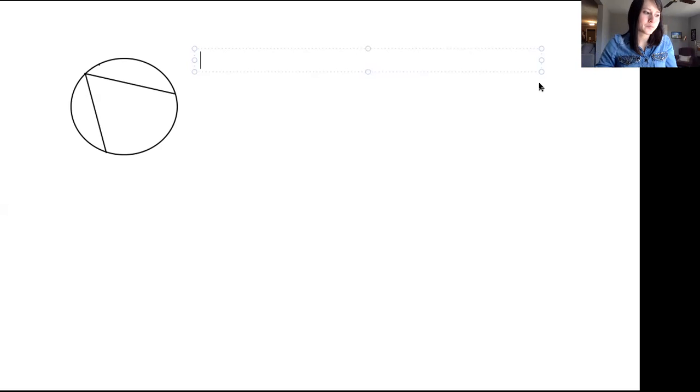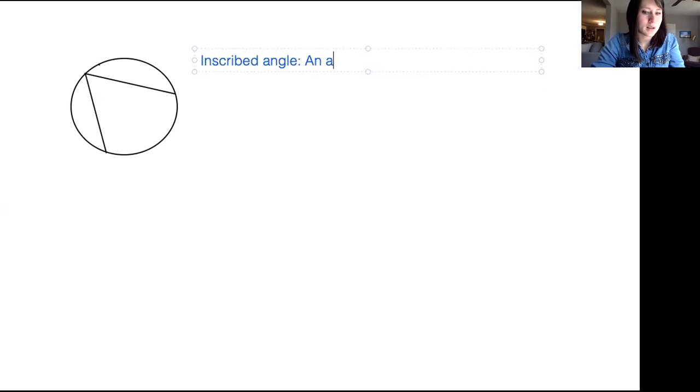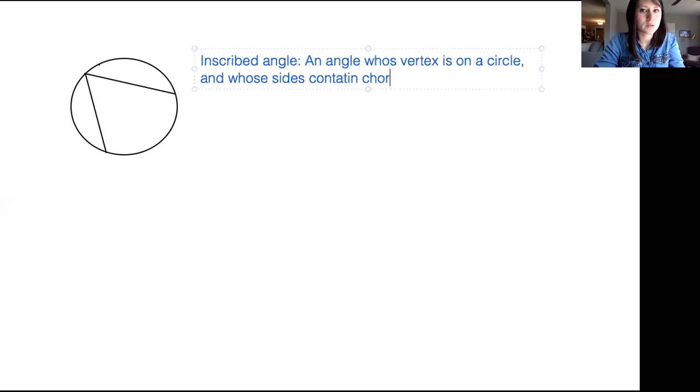So, you can put this down in your notes if you want to. Inscribed angle: an angle whose vertex is on a circle and whose sides contain chords of the circle.